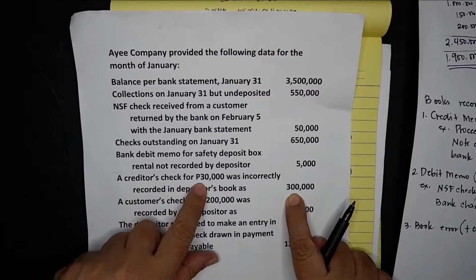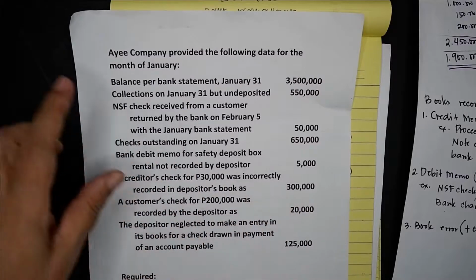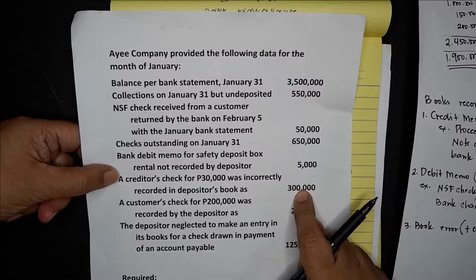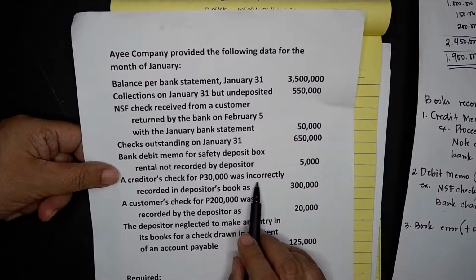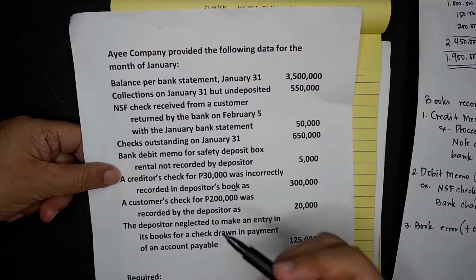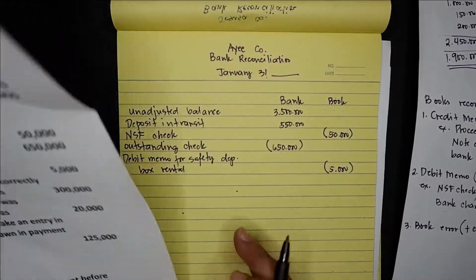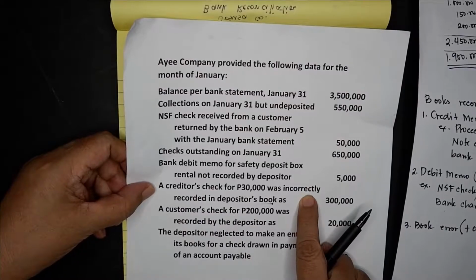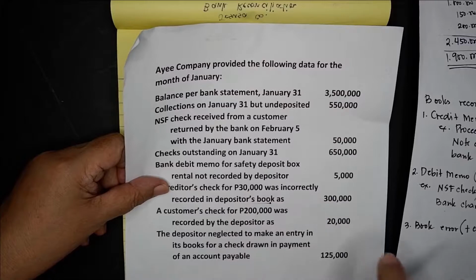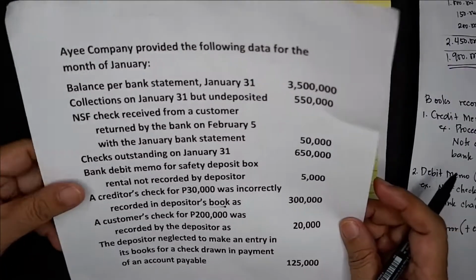Then we have a creditor's check for 30,000 incorrectly recorded in depositor's book as 300,000. So we have 30,000 deposited, recorded as 300,000, a difference of 270,000. The next question is, whose error is this? Incorrectly recorded in depositor's books, which means that is our error, book error.